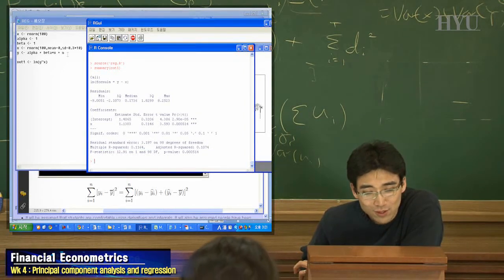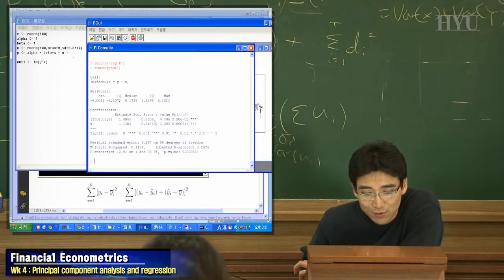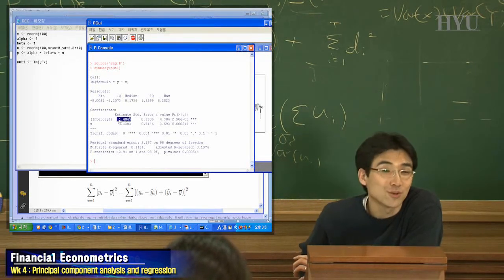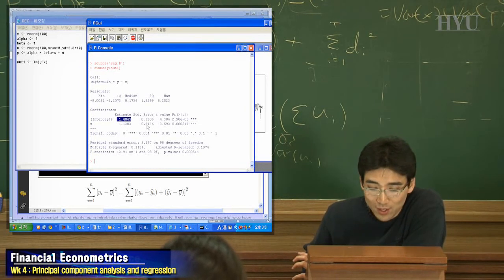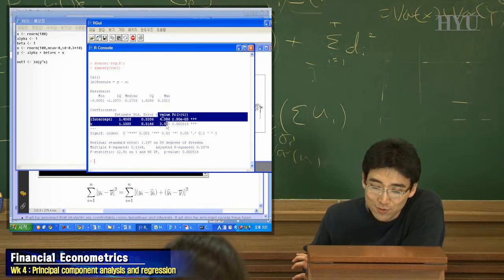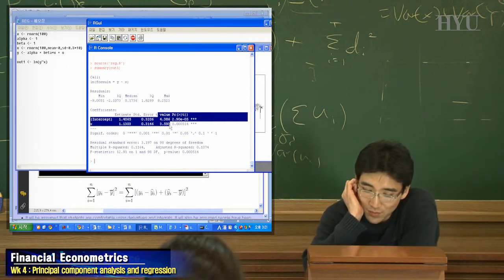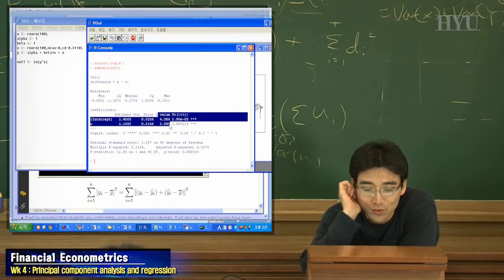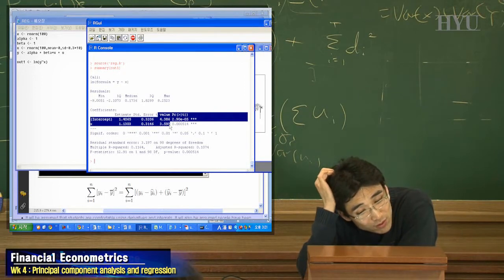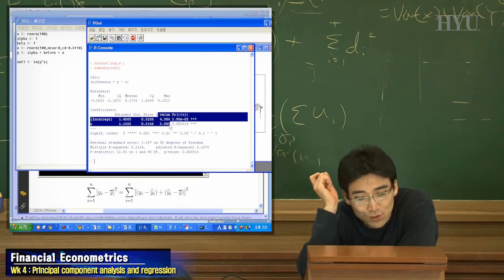So even though the standard deviation is 10 times larger, we have a significant result, and this is not that close to 1, but it is reasonably close to 1 still, right? And we have a t value over here. If we look at this table, the default null hypothesis is 0.